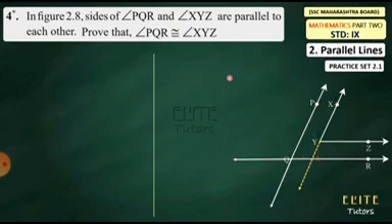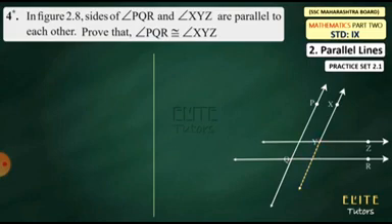Here this and this angles are equal by corresponding angles, forming an F shape or taking the same position. Here this angle Q and this angle are equal to each other by corresponding angles. If we rotate the figure, we get QR parallel to XY and QR parallel to YZ, and if I take XY as a transversal, then the Y angle and this angle are congruent by corresponding angles.